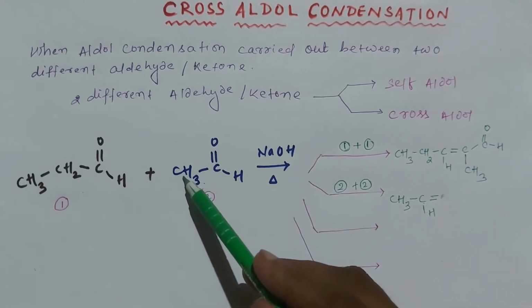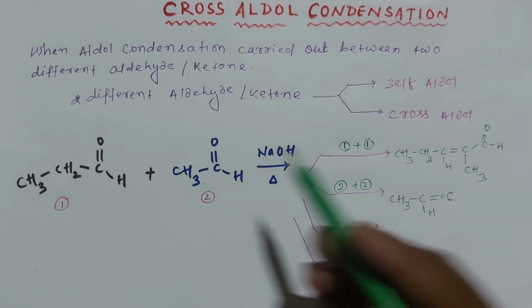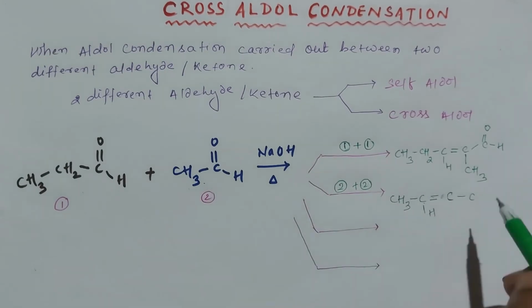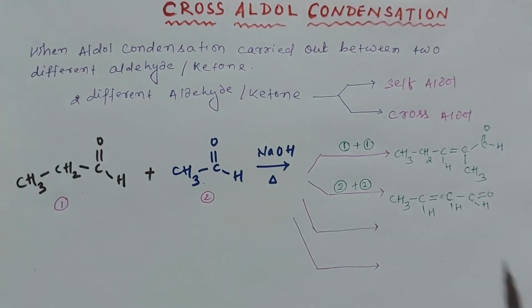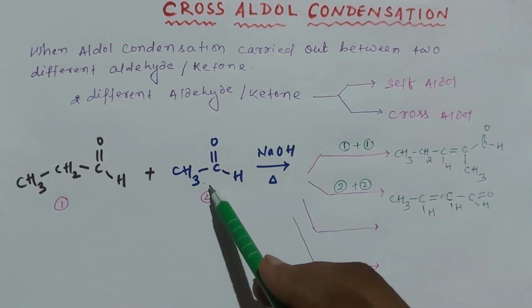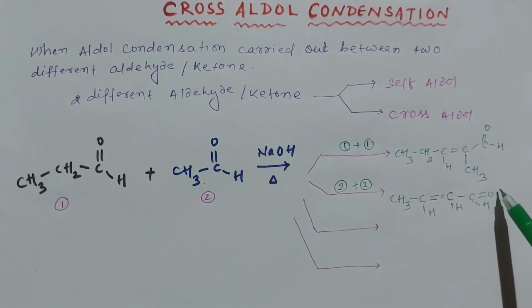Here this carbon contains alpha hydrogen, so it will form a bond with this carbon, then it is attached to one aldehyde group, then fill in hydrogen. This is the product if two acetaldehyde molecules react together. Mainly these two are self aldol condensation products.